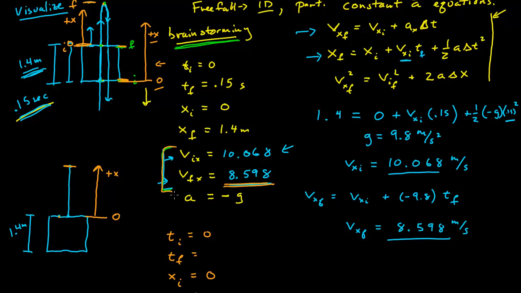At this point, they say to themselves, okay, I've now found v sub i, and that's 10, and v sub f, which is 8.6. What do I do with v sub i and v sub f? And then they get stuck. The key here is not to think about these as v sub i and v sub f. That's just a notation.